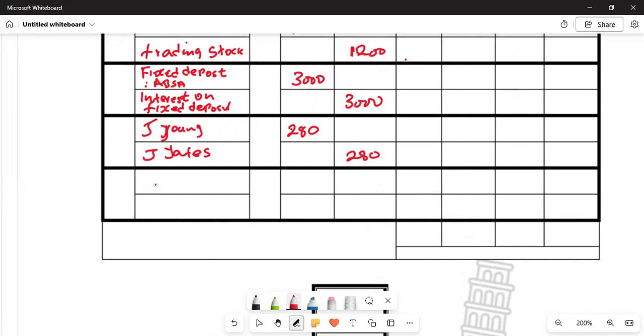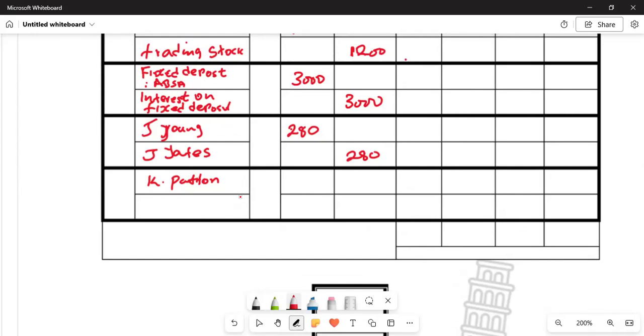So we are going to have K Pattern. We are going to debit K Pattern because we are adding interest to his account.